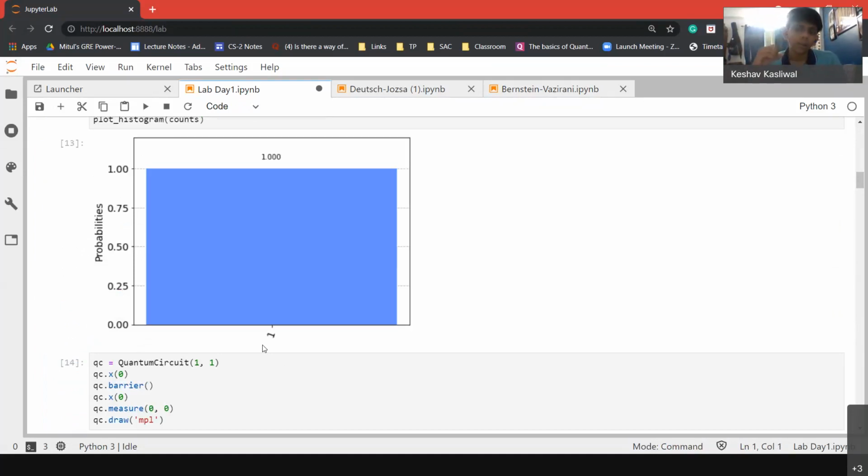It may be quite uncertain: even if we decrease or increase the number of shots, the result varies. But since this is a very basic operation, there is no significant error in the number of shots over here.